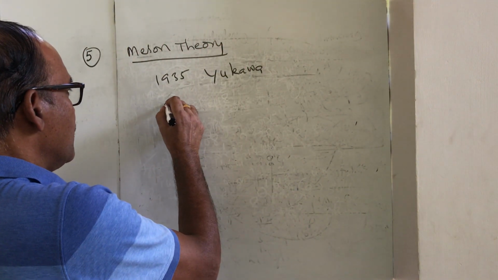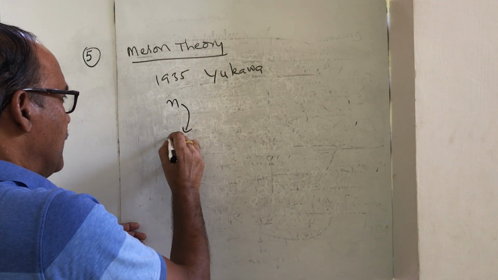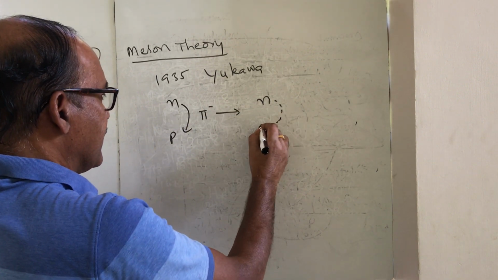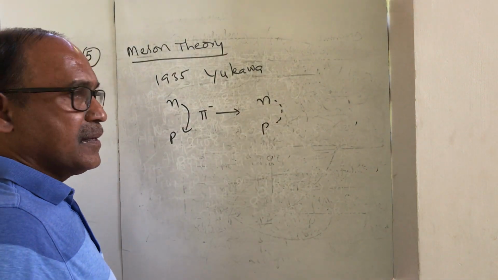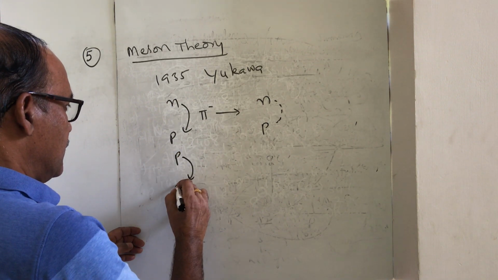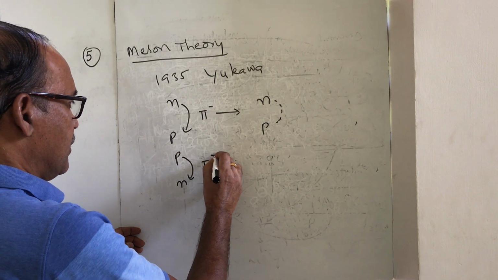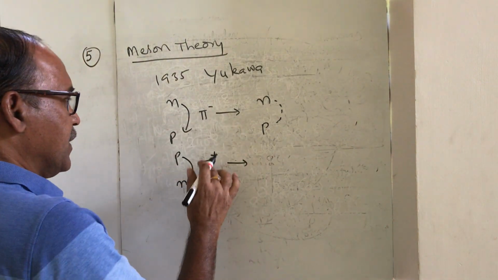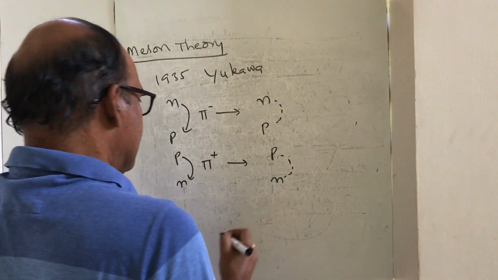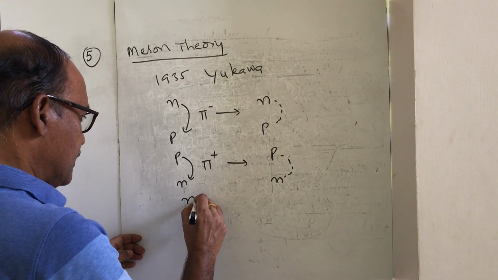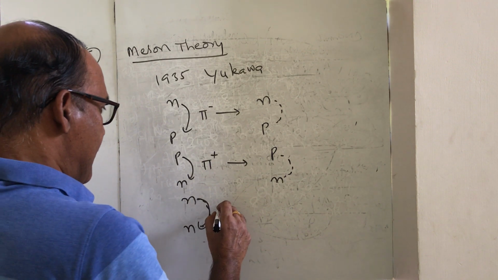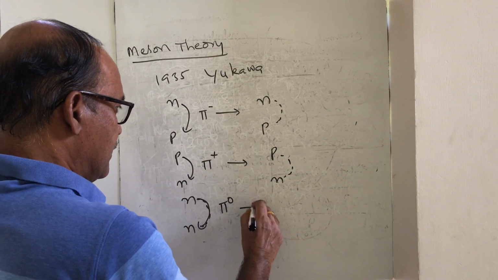Say that is the neutron to proton, pi negative. Dotted lines indicate the binding forces, and proton to neutron, pi positive. This is the pi meson with negative charge, positive charge, and neutron to neutron, pi neutral.